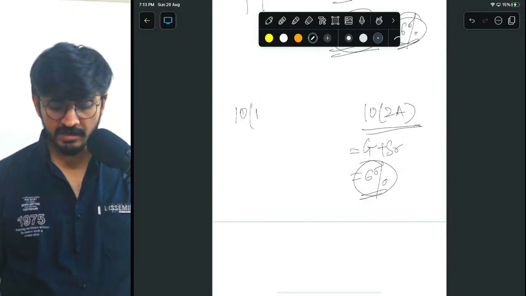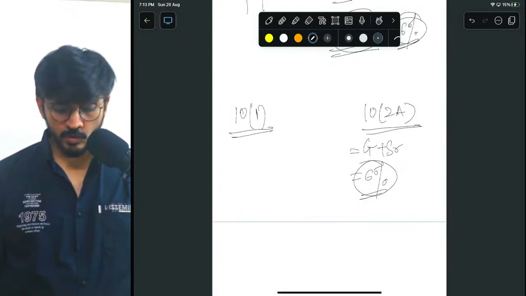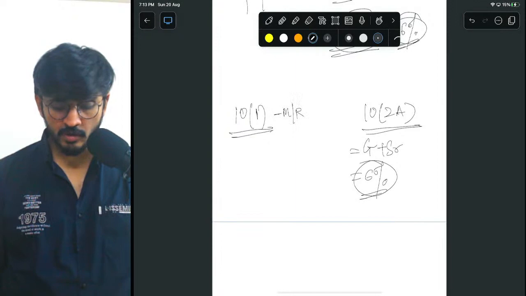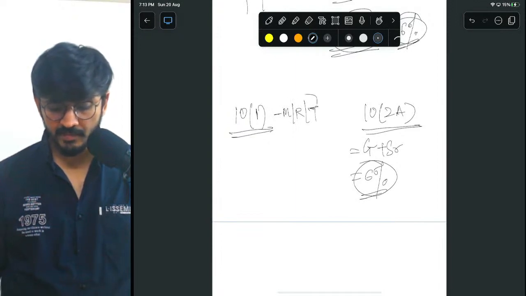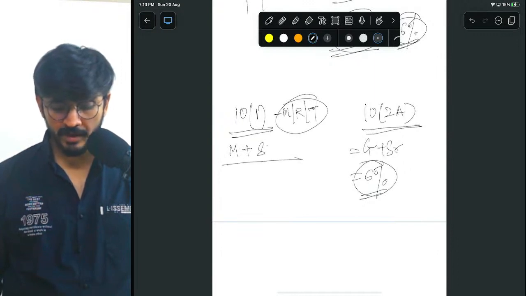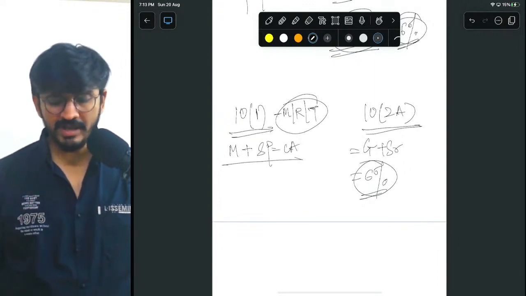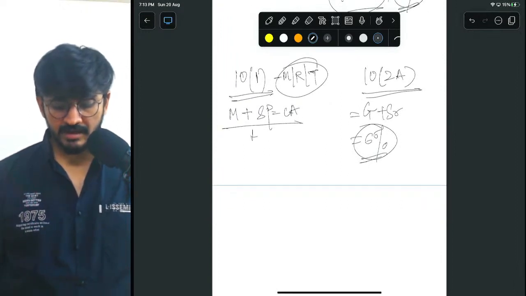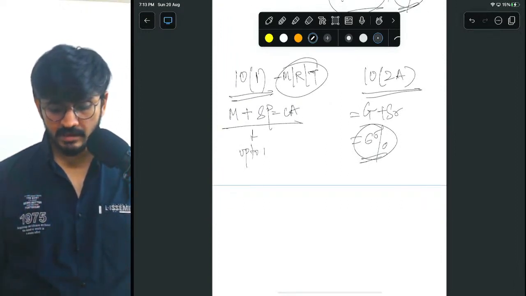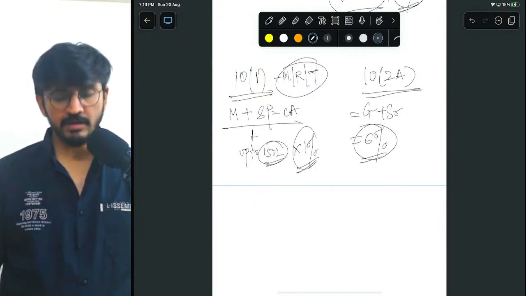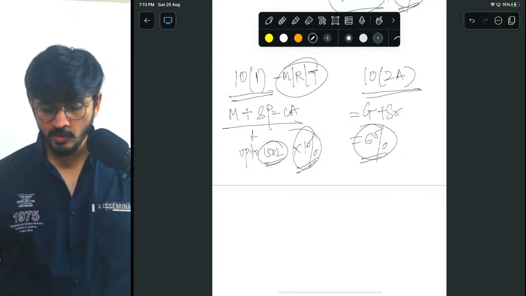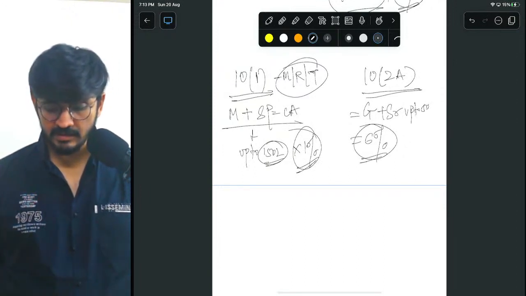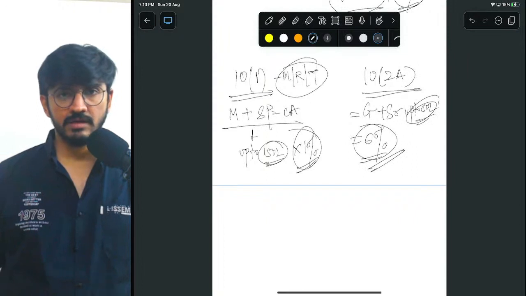But if you are registered under the 10(1) scheme and you are a manufacturer, restaurant or trader, and let's say you are also providing some service, then up to 150 lakhs I will pay tax at 1% only, and up to 50 lakhs I will pay 6%.